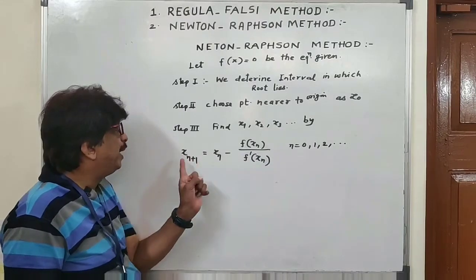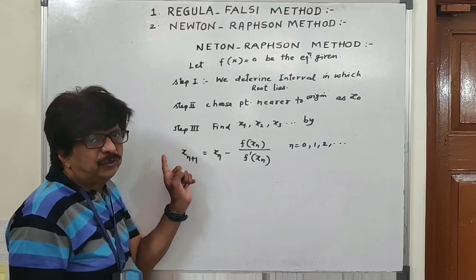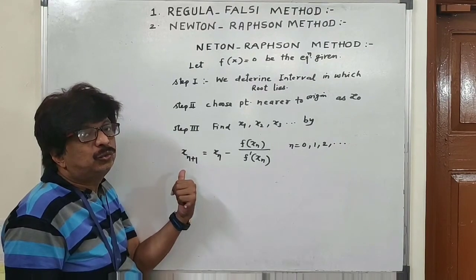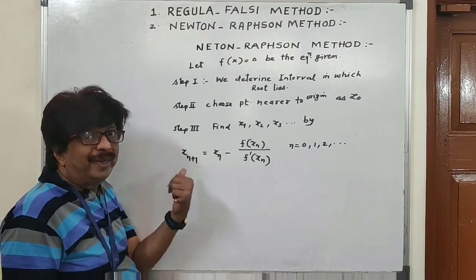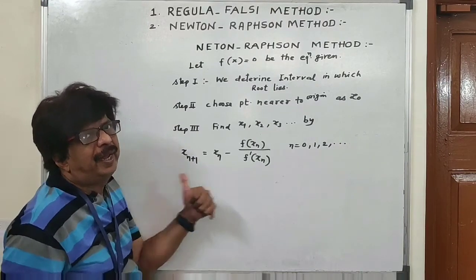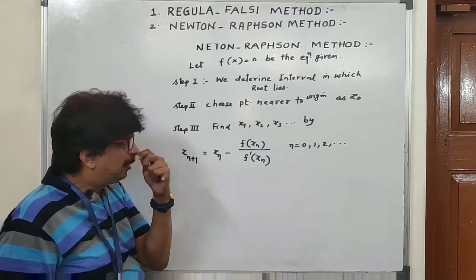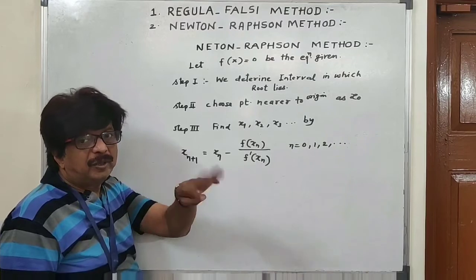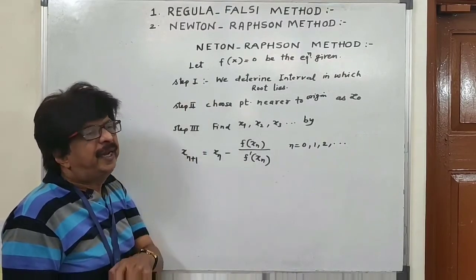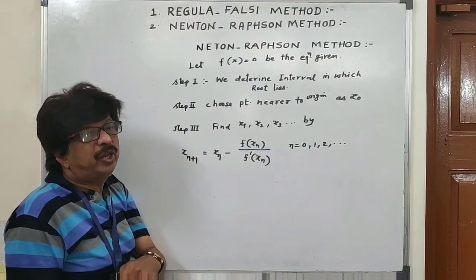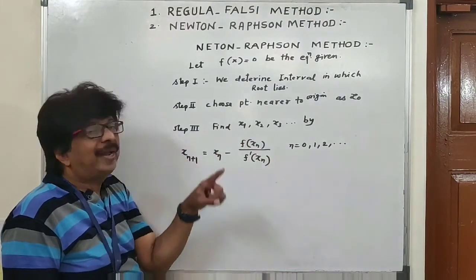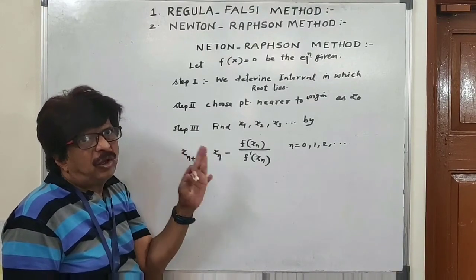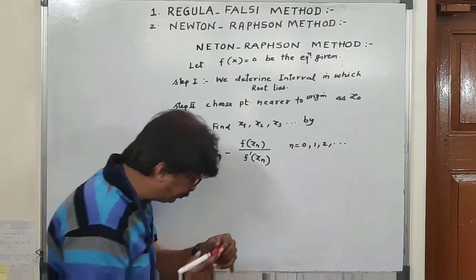In this equation, if I put n equal to 0, it gives me the value of x1. If I put n equal to 1, it gives me x2. If I put n equal to 2, it gives me x3, and so on. So x1, x2, x3 are approximate roots of this given equation f of x equal to 0. This is the Newton-Raphson formula. Note this formula. Now, subject to this, we shall solve one example based on it.